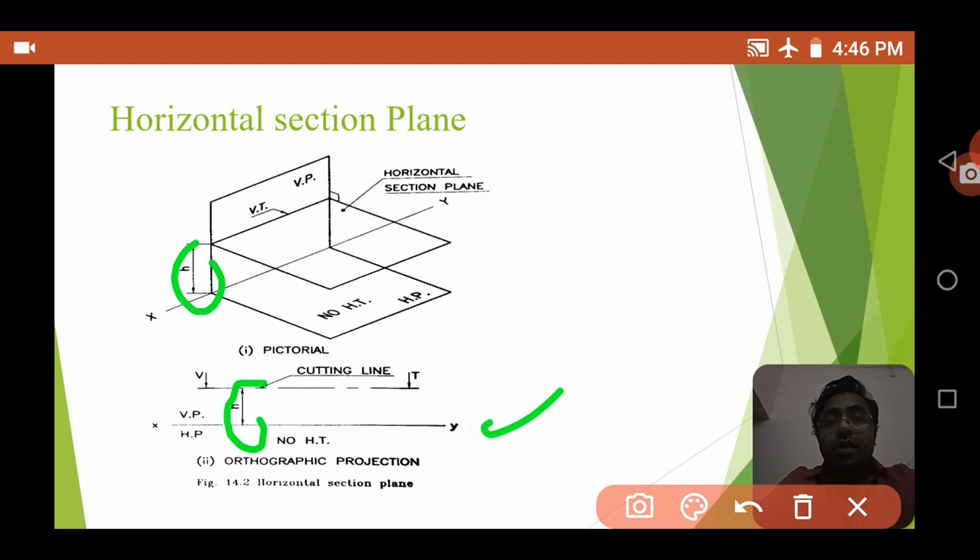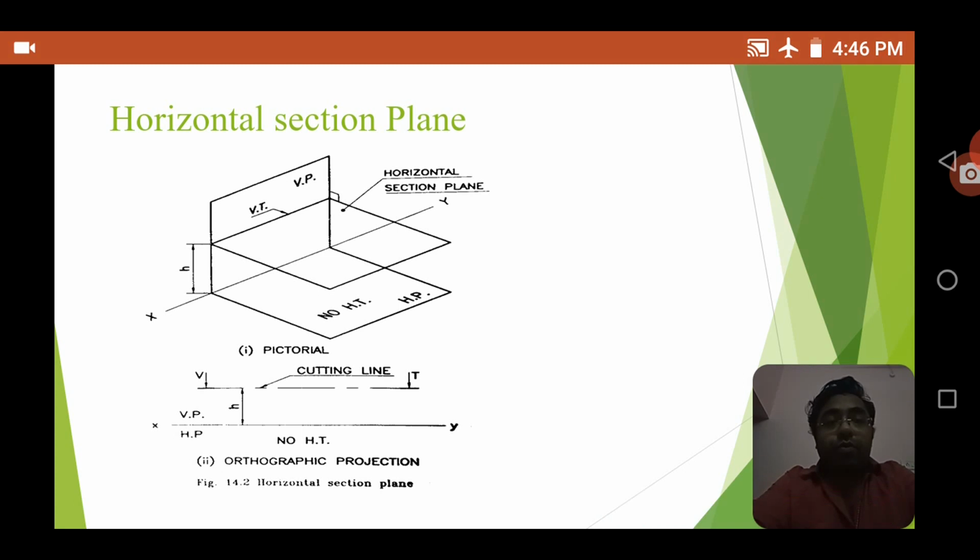That is VT, which represents the vertical trace. So this V T represents the cutting line. This is the vertical plane and this is the horizontal plane. So this is the orthographic projection.